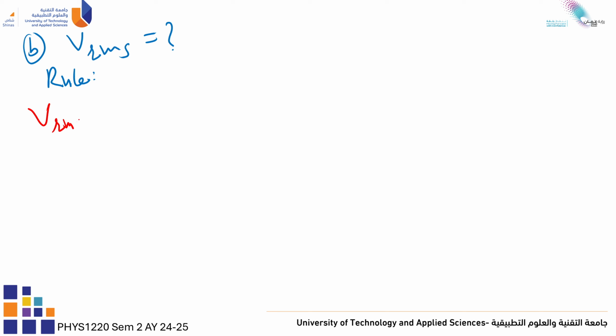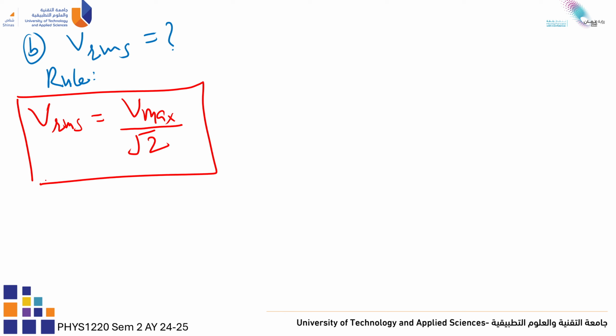The RMS voltage is equal to V maximum divided by root 2. From part A, the value of V maximum is 350 volts, and I need to divide this by root 2.